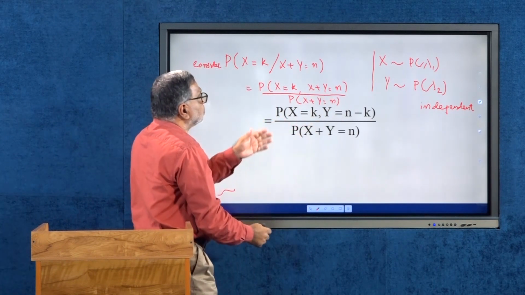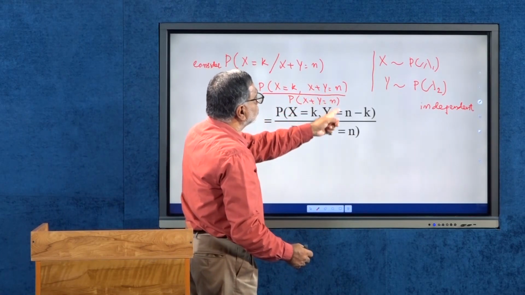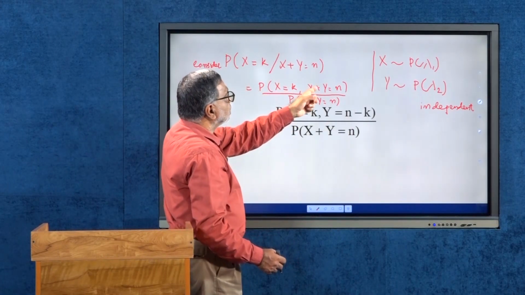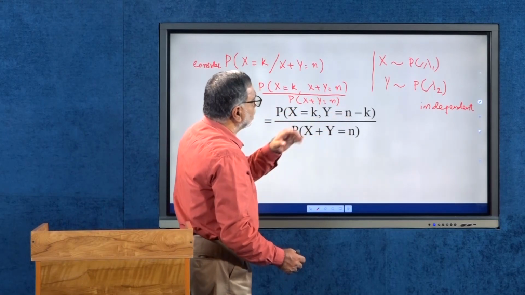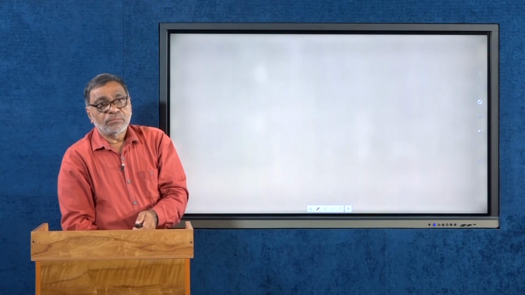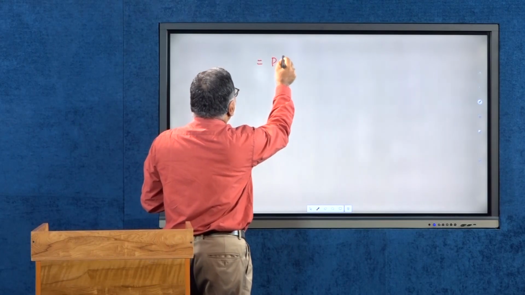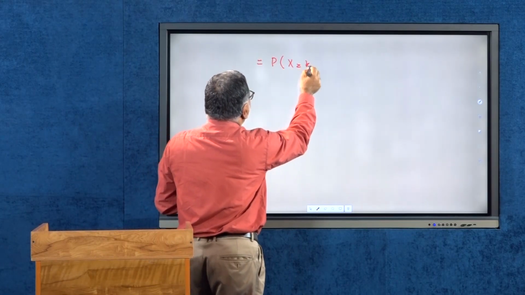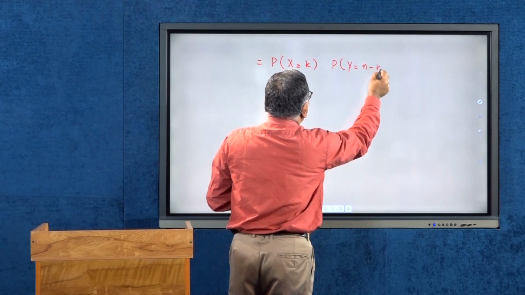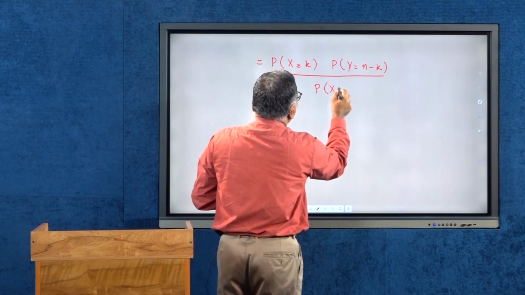That reduces, since x already has the value k, so x plus y equal to n reduces to y equal to n minus k. That is equal to the probability of x equal to k into the probability of y equal to n minus k, divided by the probability of x plus y equal to n.